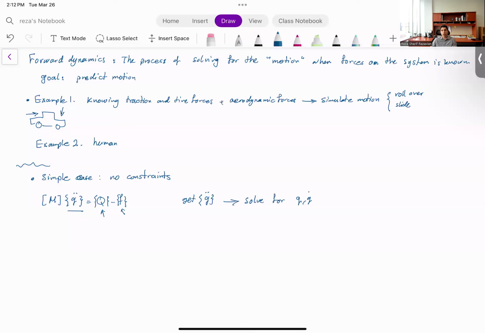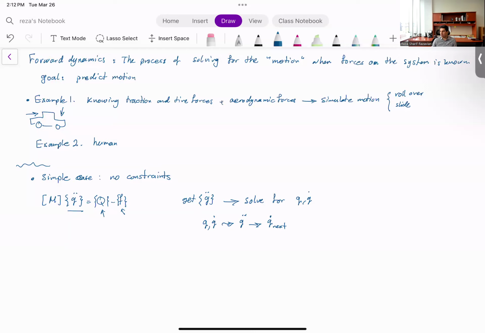So predict the motion, how the motion unfolds. Often we do it numerically. So if you know your Q and Q dot, you can calculate Q double dot, and from there, numerically, you calculate your Q dot next and integrate that over time.